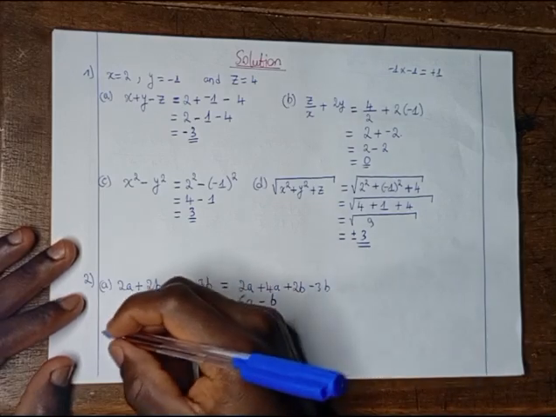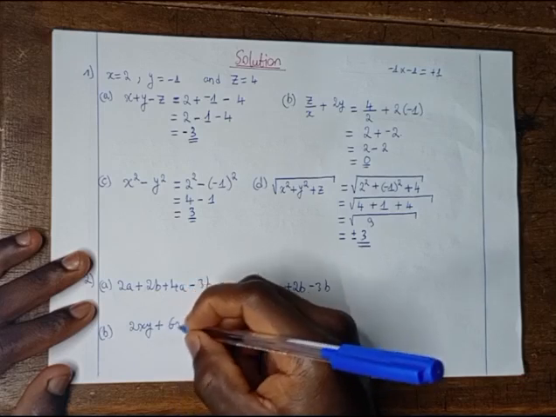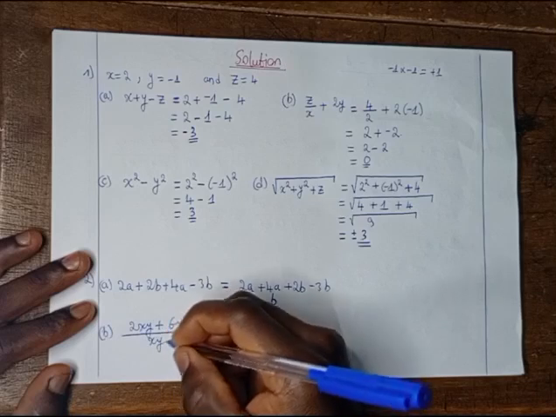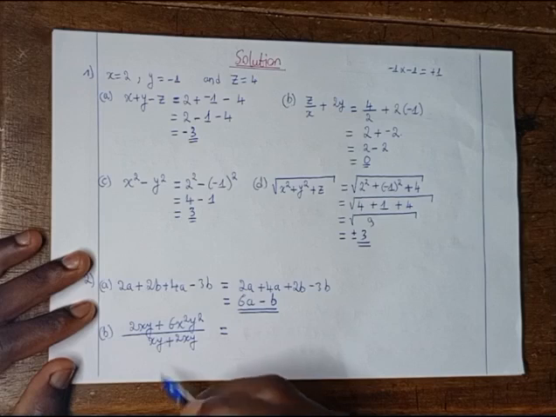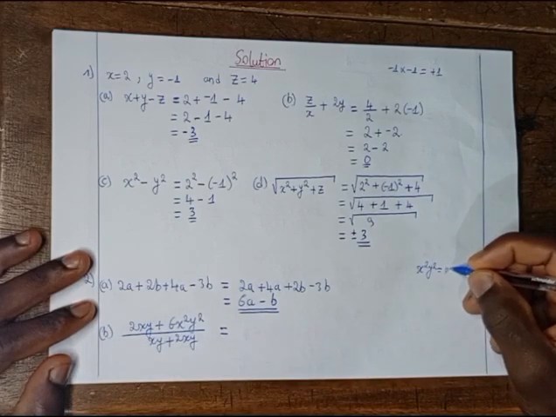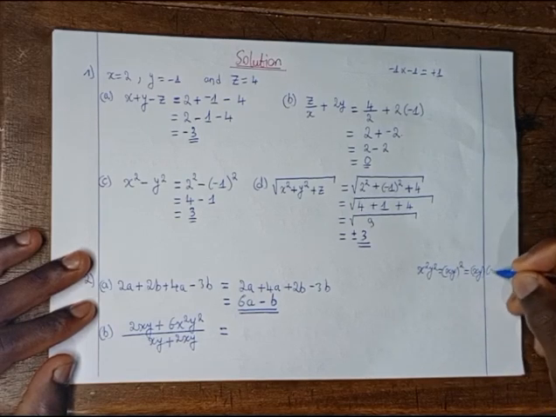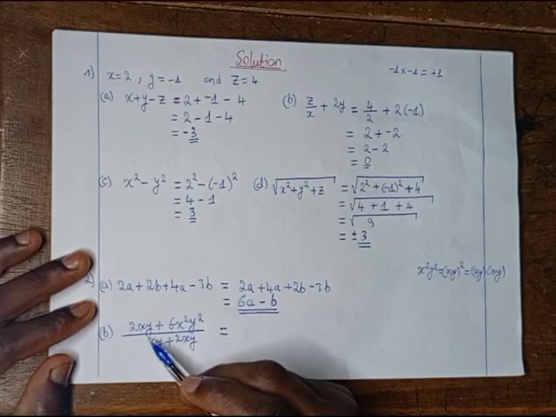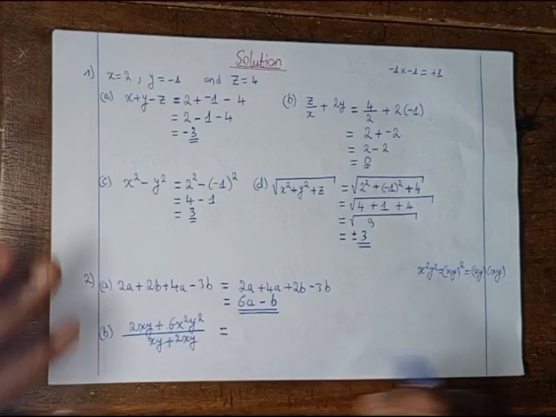Next, we go to question B. For B, we have 2xy plus 6x squared y squared all over xy plus 2xy. This will simply be equal to, at the numerator, we know x squared y squared is the same as xy, all squared, which is the same as xy times xy. xy is common at the numerator. 2 and 6 have an HCF of 2.